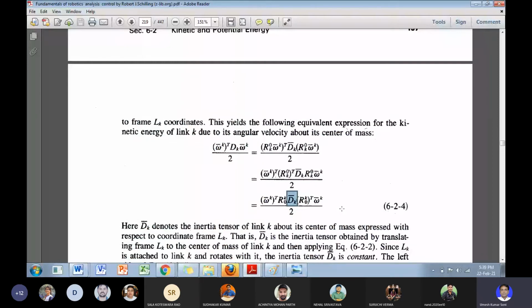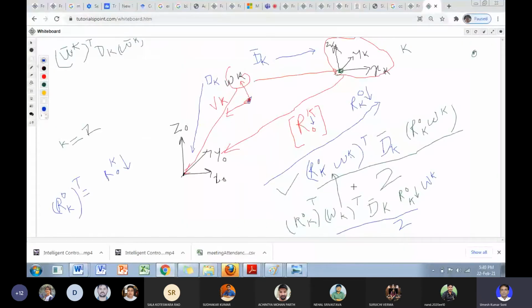Here this is the transpose of R0k, defined by the inverse of Rk0; inverse or transpose, you can also say the transpose of this.